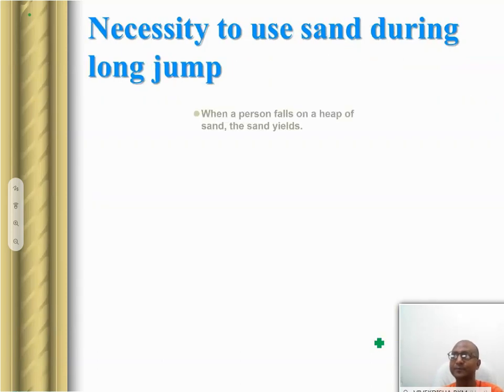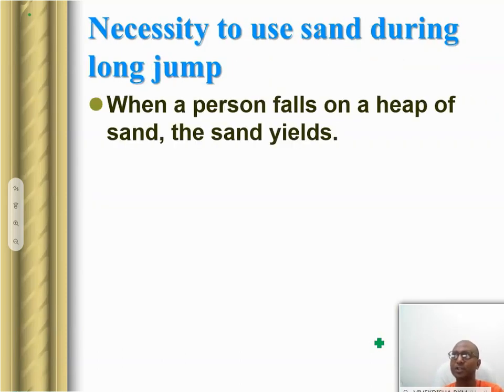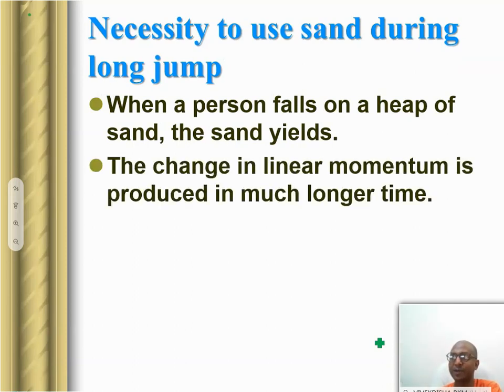So when a person falls on a heap of sand, the sand yields, means it changes itself. And as it is changing its shape or position, rather actually not sand is changing its shape but positions, the linear momentum is changed in a much longer time, not very quickly, and if it is not quick, it is not providing more force on the body of the person.